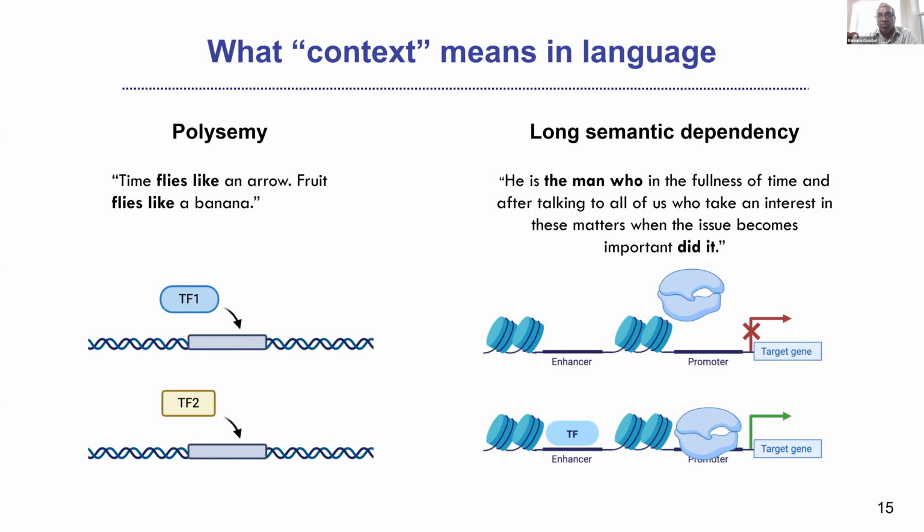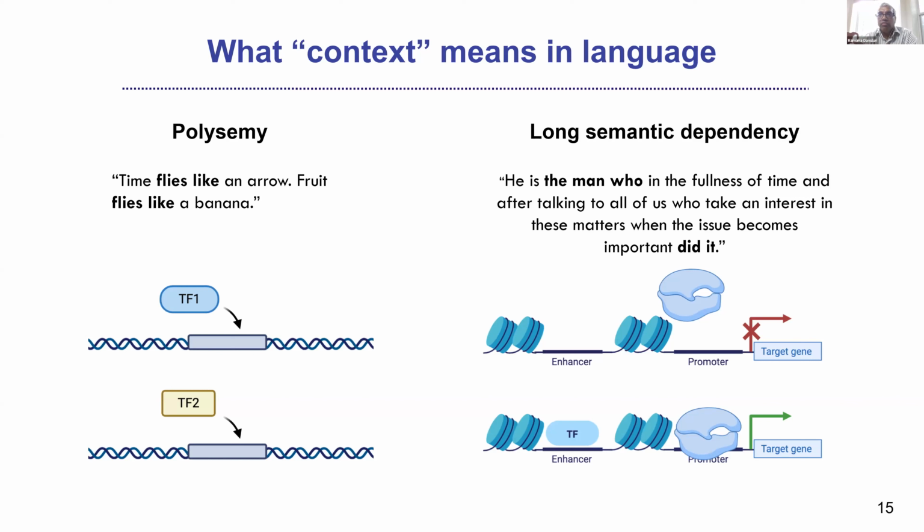For example, here is the man who blah, blah, blah, important, did it. So the man who did it, there is a lot of explanation in between. It is like in the context of an enhancer. You have an enhancer way upstream, and it's actually driving the transcription or not driving the transcription of a nearby gene.